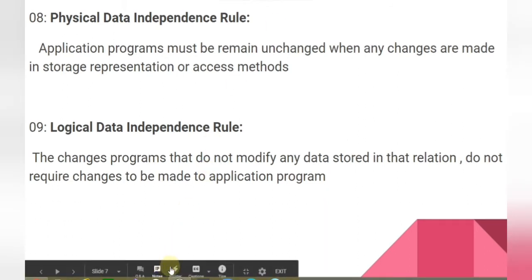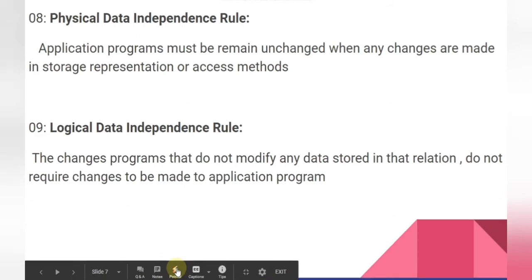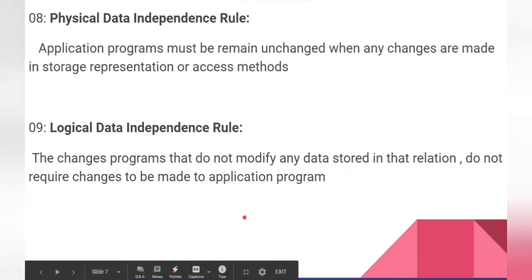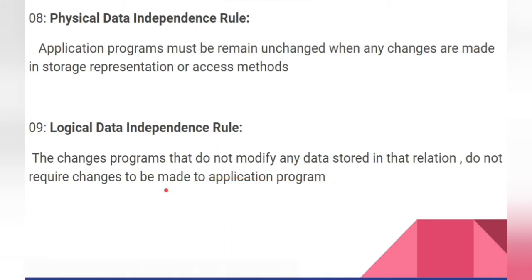So we have rule number 9, which is logical data independence. The logical data independence rule tells us that changes to programs that do not modify any data stored in the relation do not require changes to the application program. So Codd presented that any changes made in the application program will not change the data present in the relation.